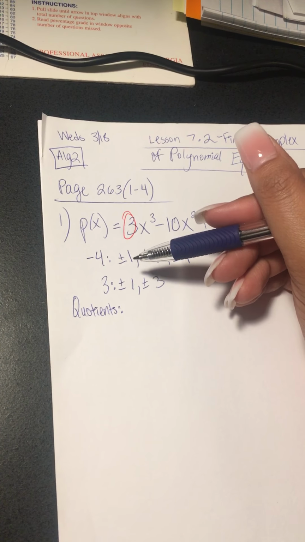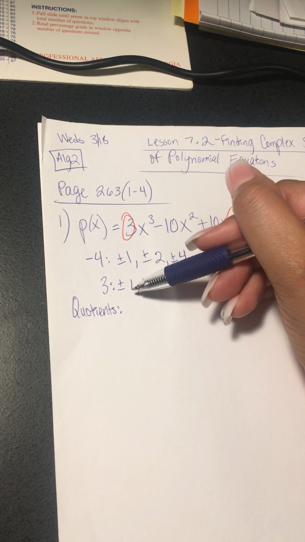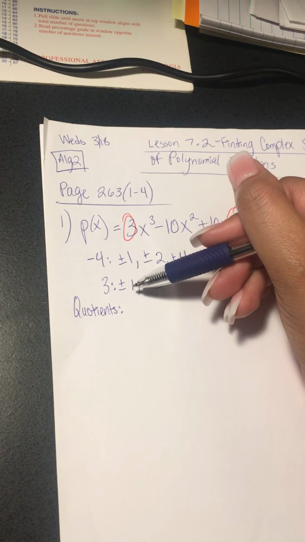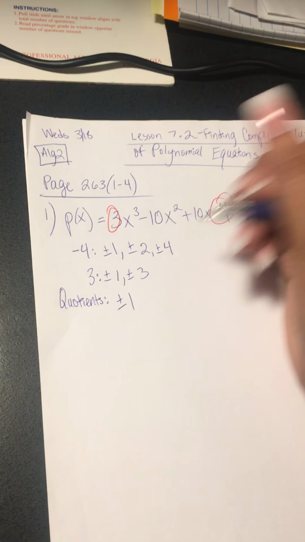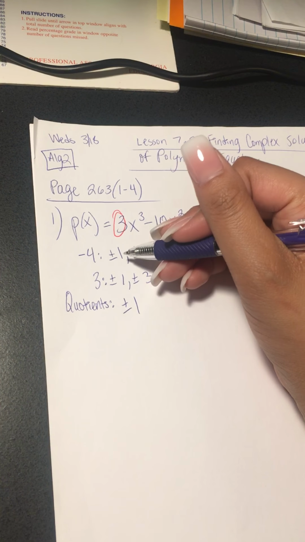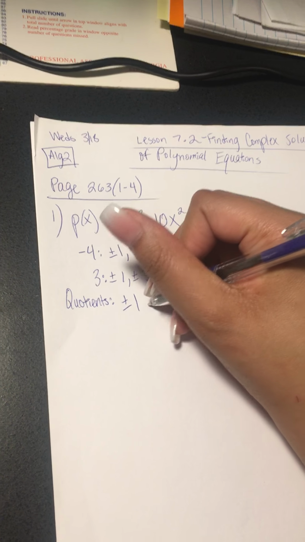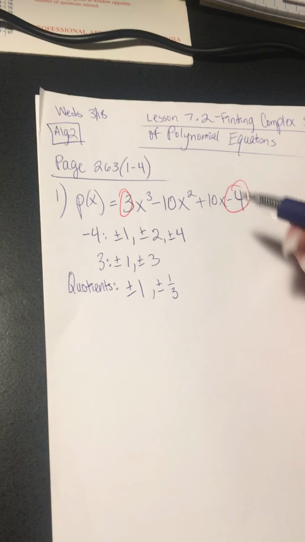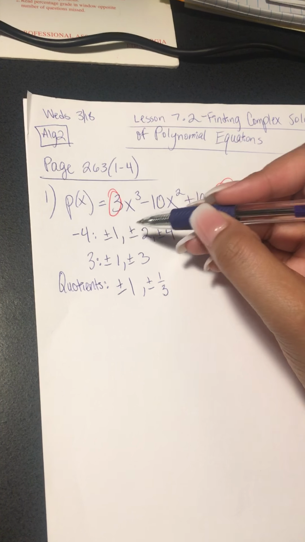So start with the 1. We will divide 1 by 1 and do 1 divided by 3. 1 divided by 1 is 1. 1 divided by 3 is just 1/3. Do not use decimals. We're done with the 1.